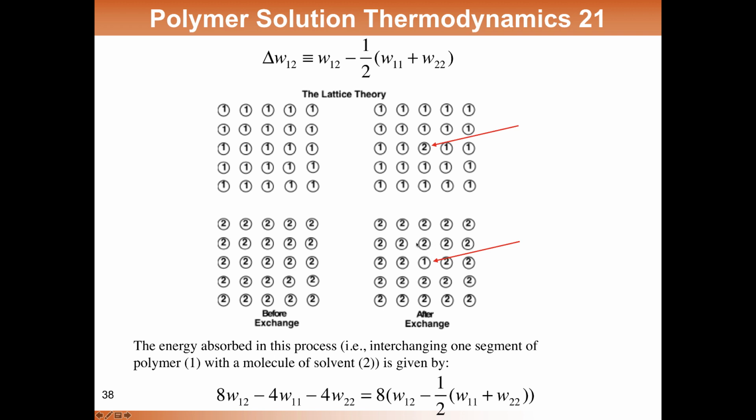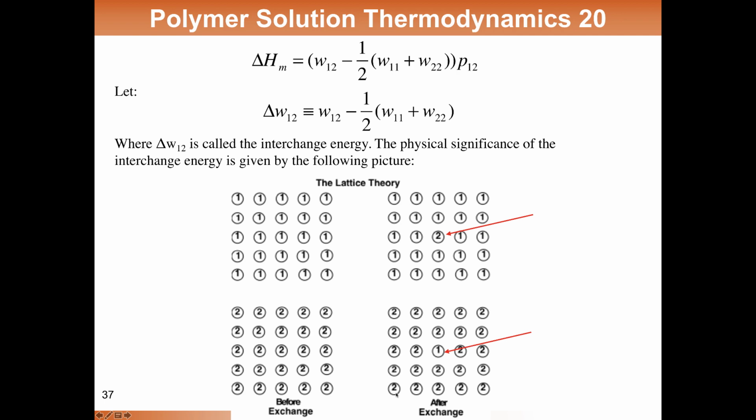So you form a total of 4 new interactions of type 1,2 plus 4 more, or 8 interactions of type 1,2 when you take a molecule of type 1 and put it into 2 and a molecule of 2 and put it into 1. You form 8 interactions of type 1,2, and you break 4 interactions of type 1,1. That's these 4 here. And you also break 4 interactions of type 2,2. That's these 4 here. And this is where the expression in parentheses comes from.